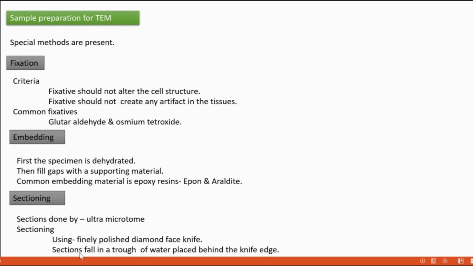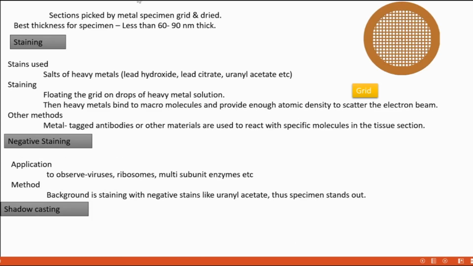The sections that we make using that knife fall into a trough of water placed behind the knife's edge. Next slide. These sections are then collected over a grid.